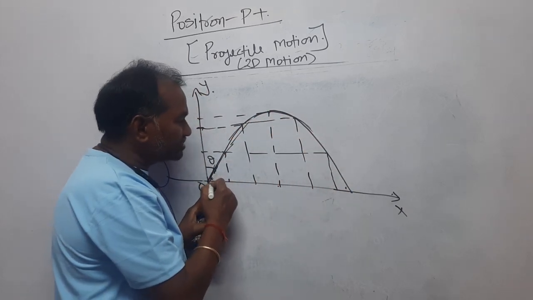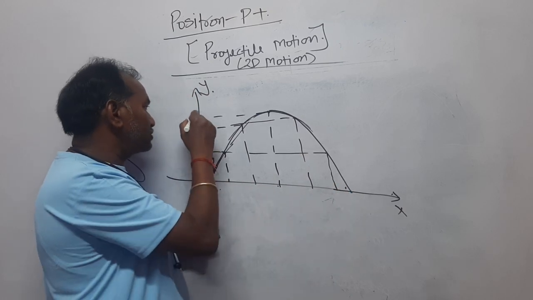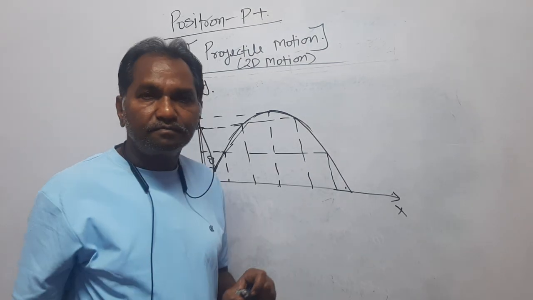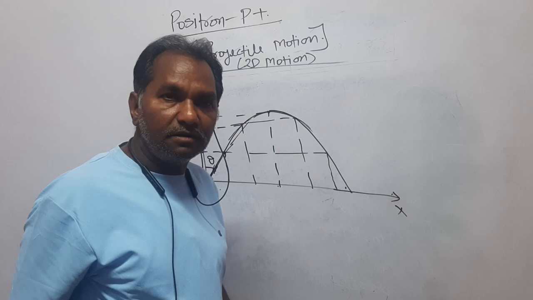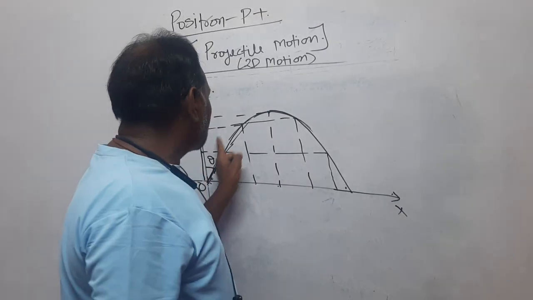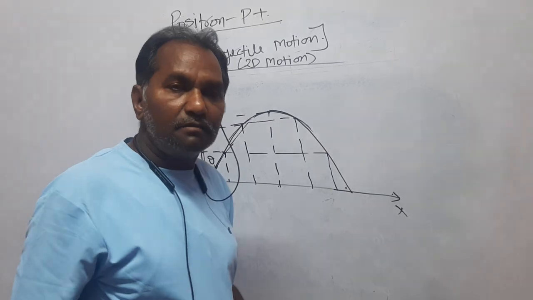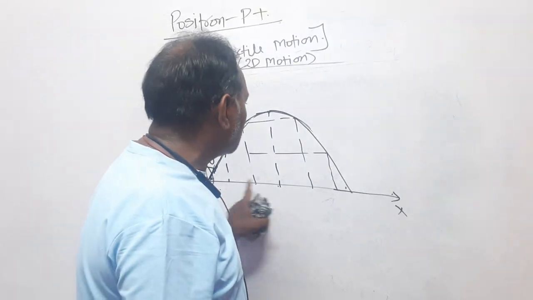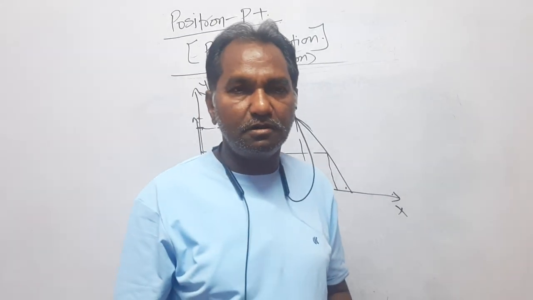It travels this much distance on the x-axis, and on the y-axis it goes to the maximum height and then returns back to the origin, right? So the body is traveling on this parabolic curved path, but simultaneously it is traveling along both the x and y axes. That is why it is a two-dimensional motion.